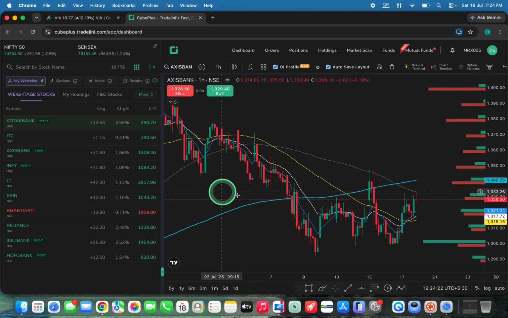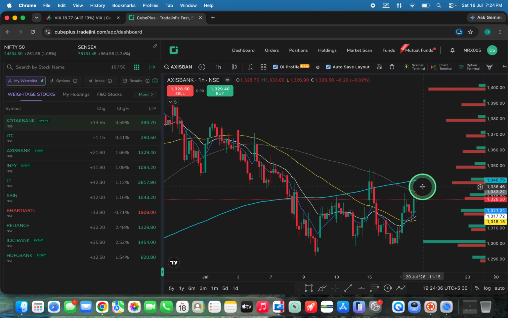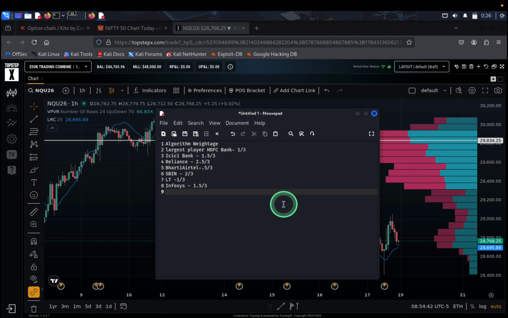Axis Bank is consolidating largely, and moving averages confirm the downward trend it had faced, but there are fewer sell positions compared to SBI or L&T. 1 out of 3.